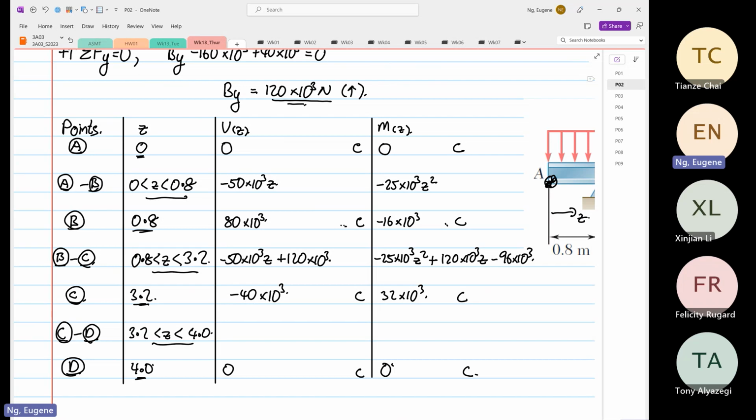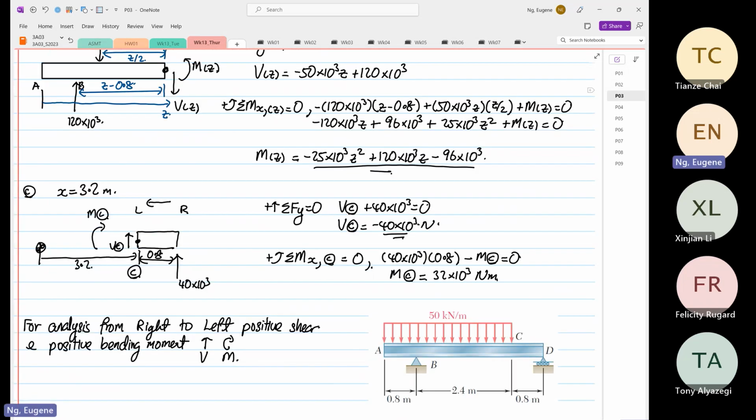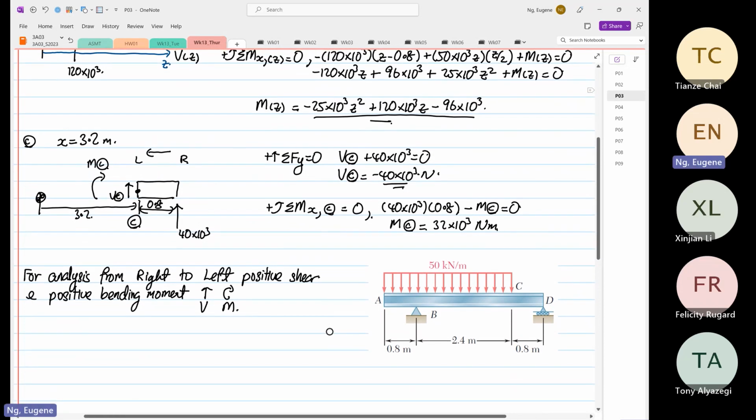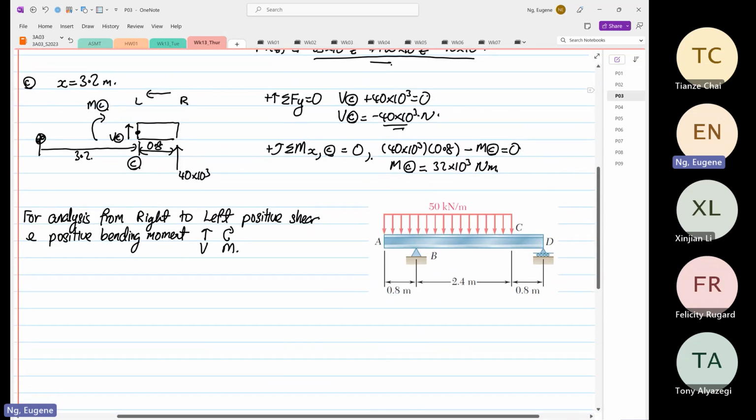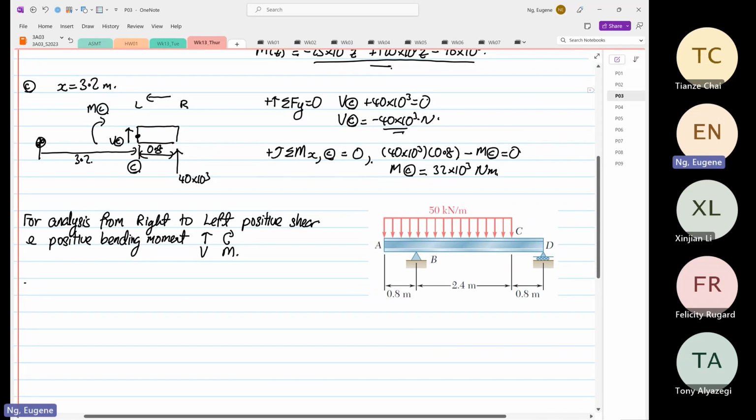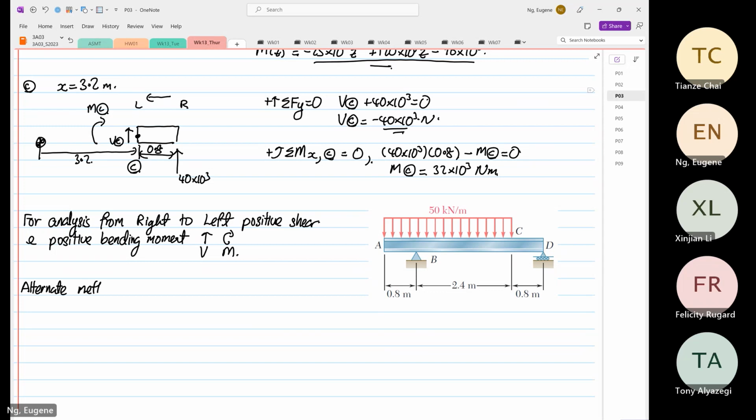Now, from point C, I'll show you the same point. Let's say you don't want to do from right to left, you insist on doing from left to right. So we'll still do point C. I'm going to write this down as an alternate method, or more confusing, where x at point C is equal to 3.2 meters.